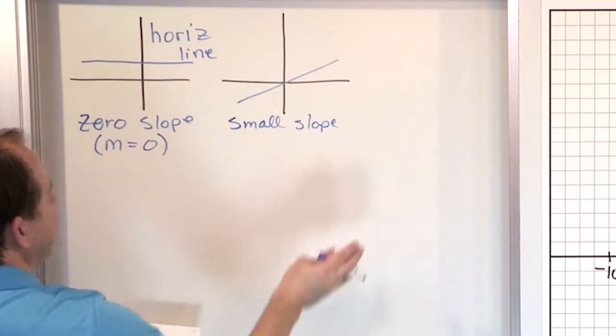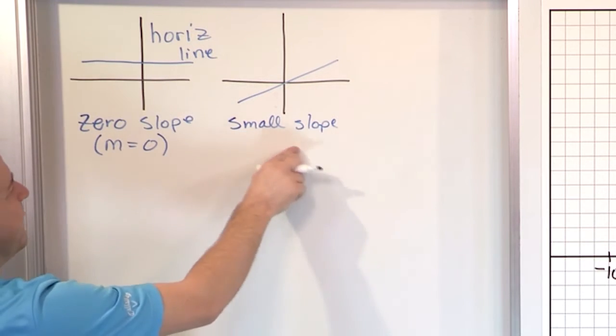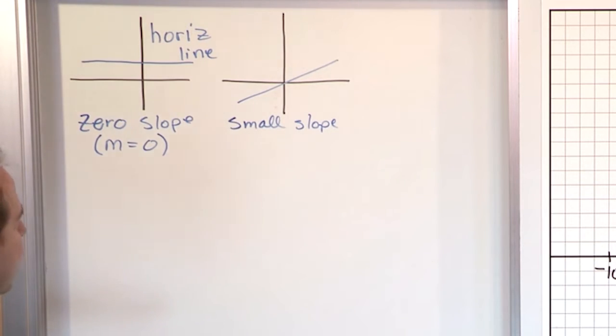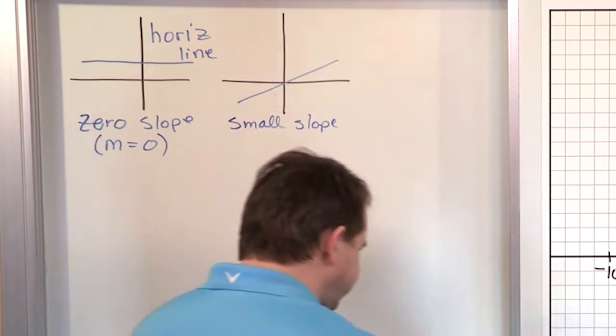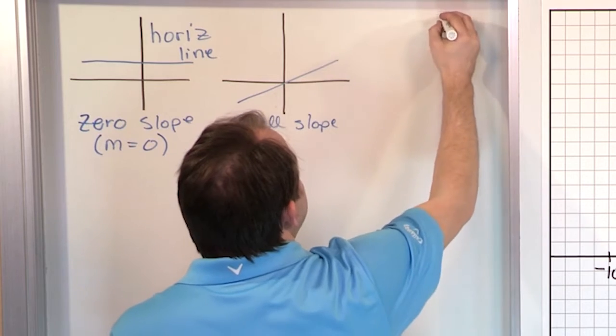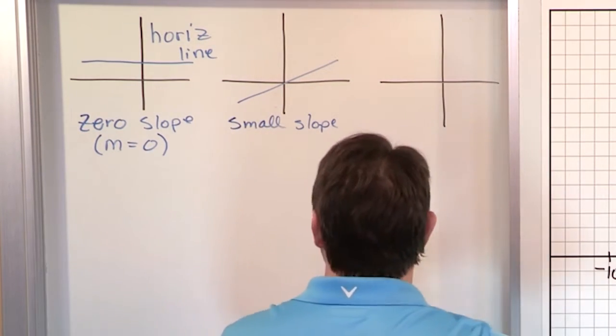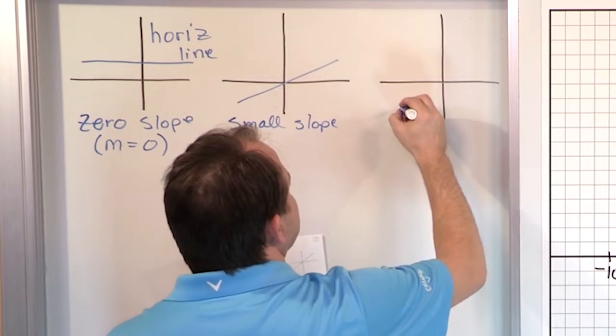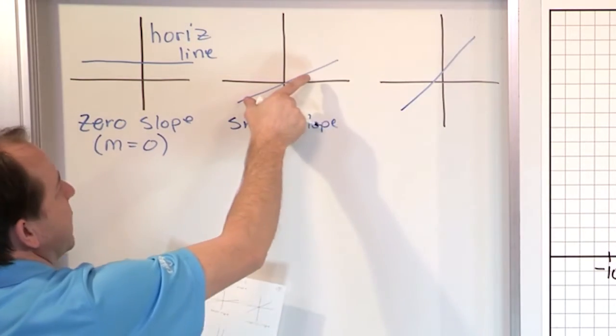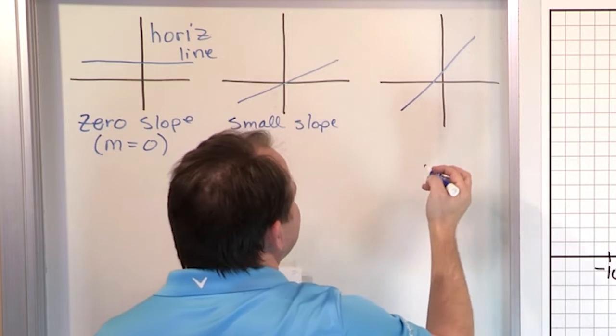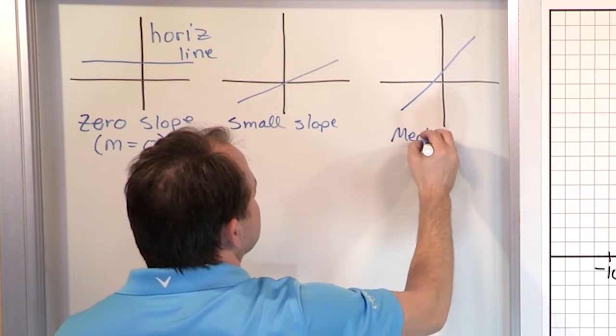I'm not going to put numbers to it because I don't really care right now, but maybe the M is 1/2 or 1/3 or something really, really low. And then we can have, of course, lines that are even steeper than that, which might be something like this. Steeper than this one, but it's certainly not super, super steep, so I would call this a medium slope.